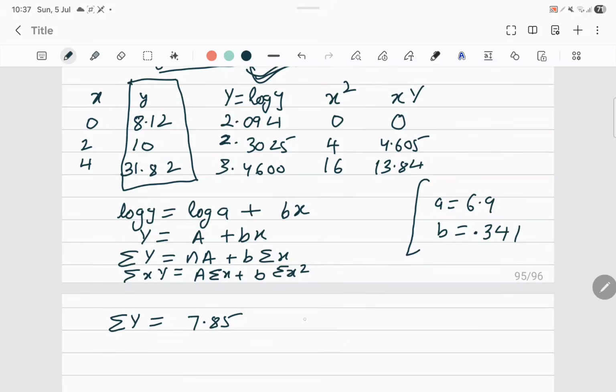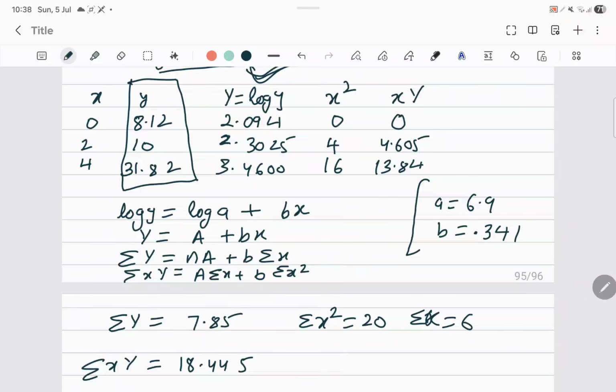Now I'll do summation of x square. So summation of x square is so directly 20. Summation of x is equal to 6. And summation of xy is equal to 4.605 plus 13.84. As I am doing, you also do along with me. So I am getting 18.445.